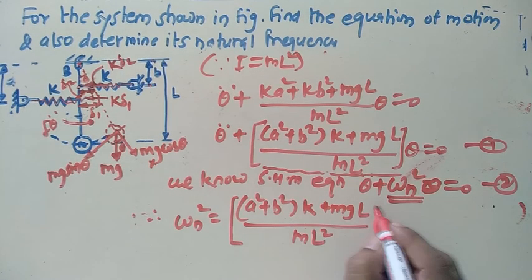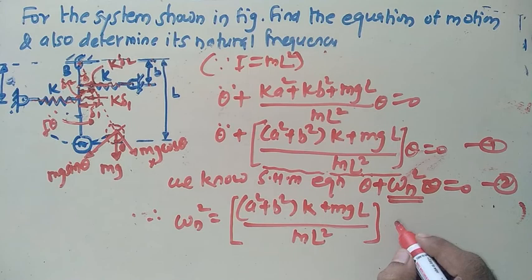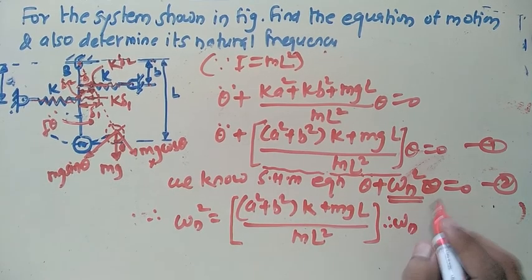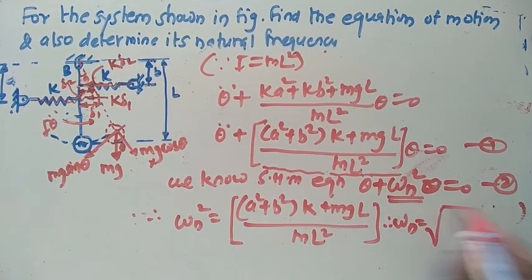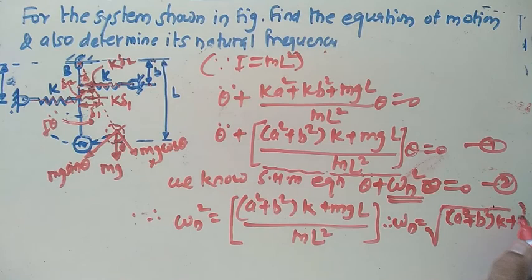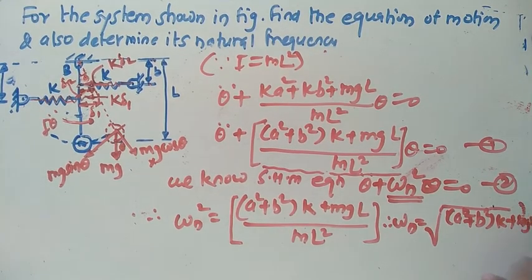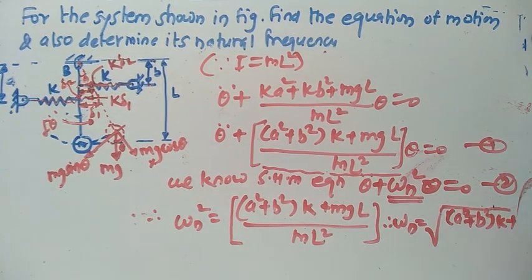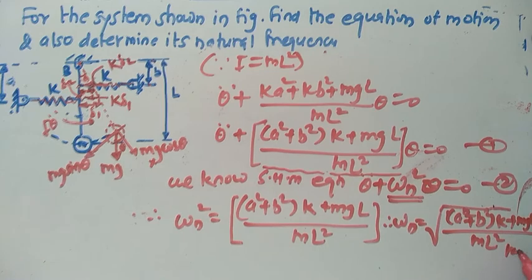In the next step we can write omega n equals the square root of [(a square plus b square) into k plus mgL] divided by m l square, in terms of radian per second.